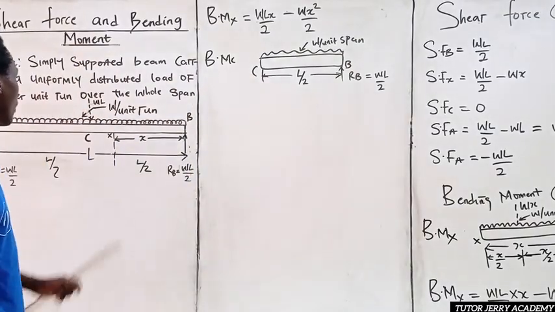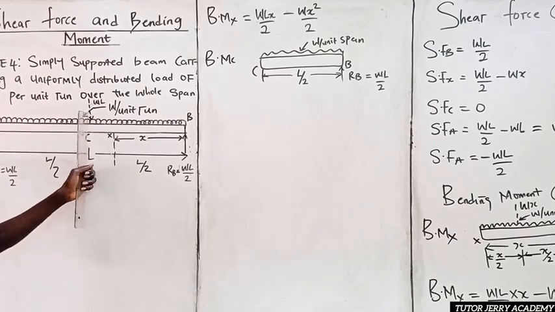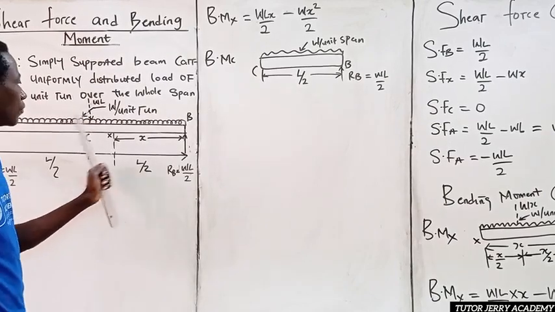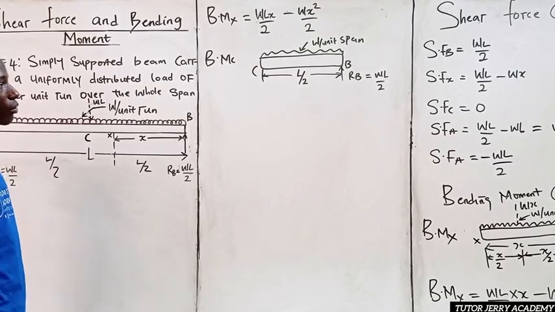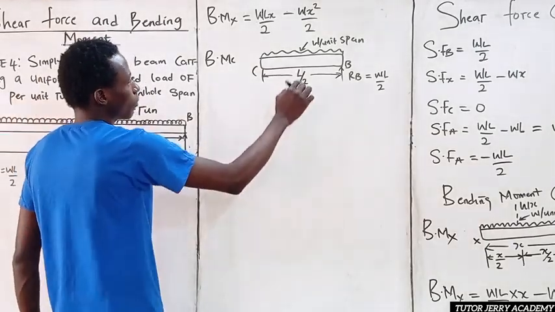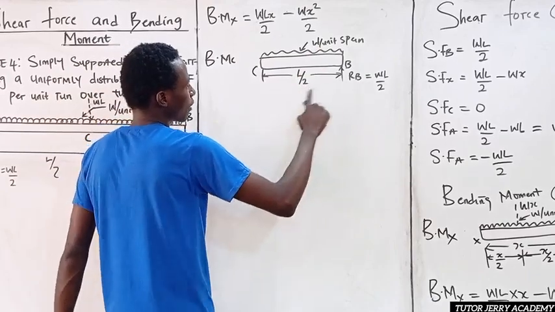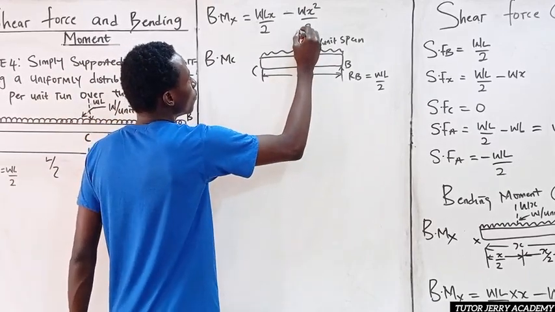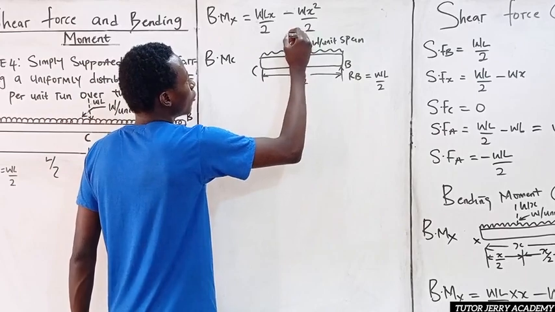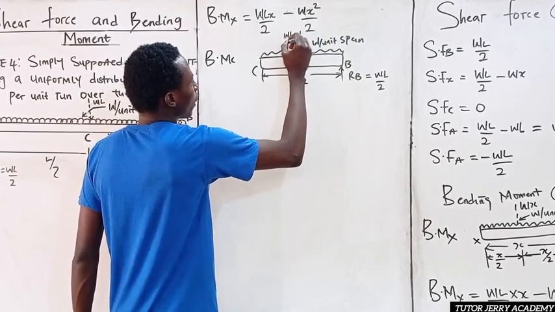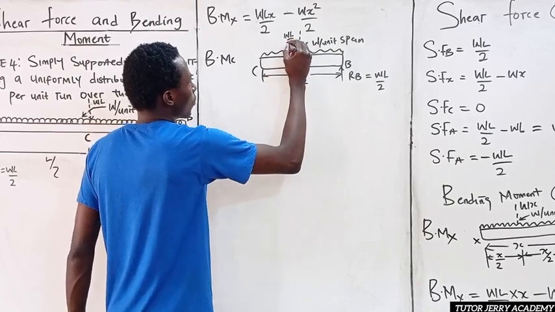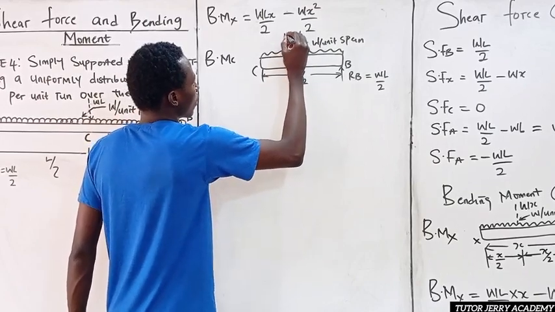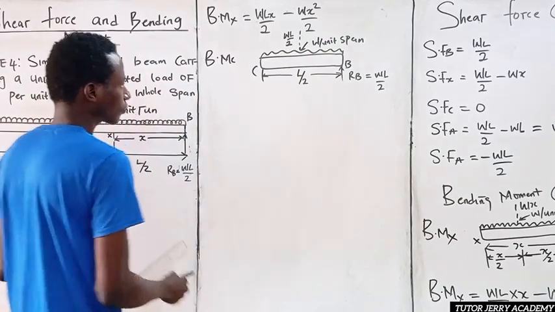First we are going to convert the uniformly distributed load into a point load. We multiply W by the total length, which is L over 2, so this will be WL all over 2. This is what we have as our point load.